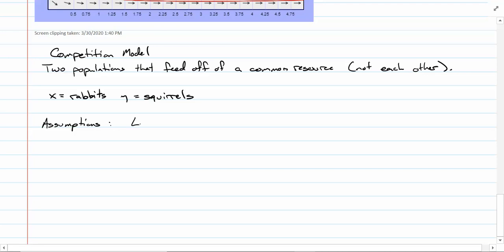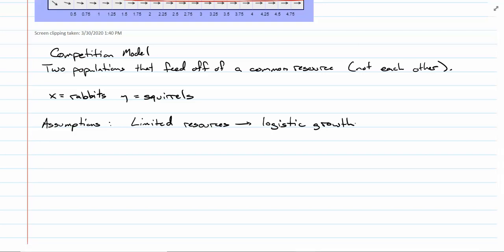Number one, we are assuming that we have limited resources, which means we're dealing with logistic growth, which we did learn a little bit about back in chapter 2.